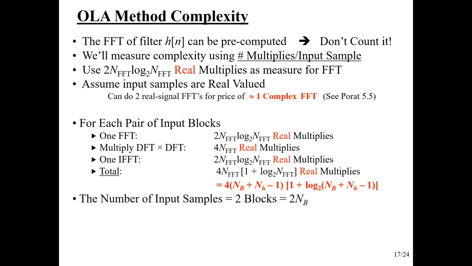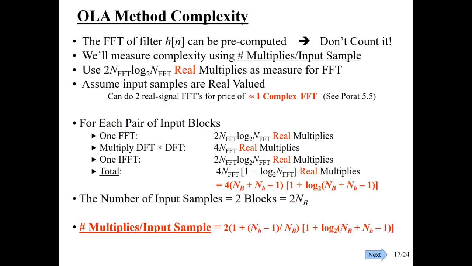So for the number of input samples, we took a pair of input blocks, so each block is N_B, so we've got 2 N_B input samples. So this many computations per that many input samples. So we just divide those. And so there is our count.